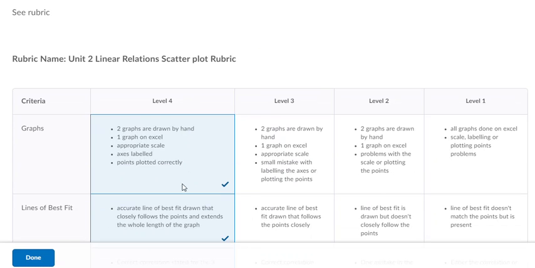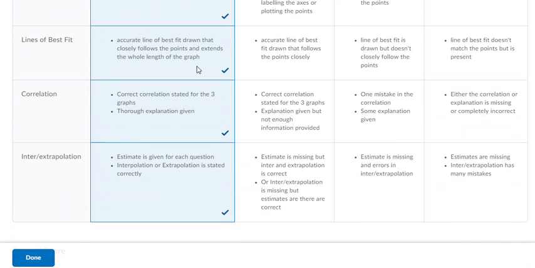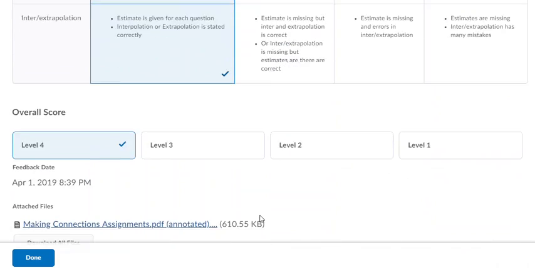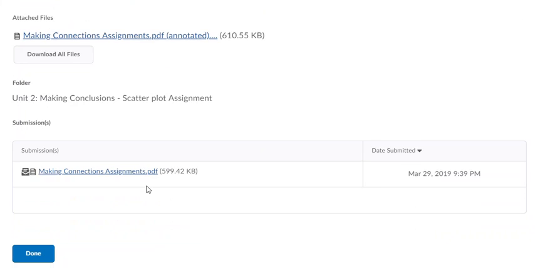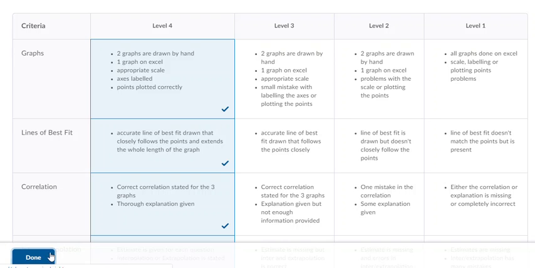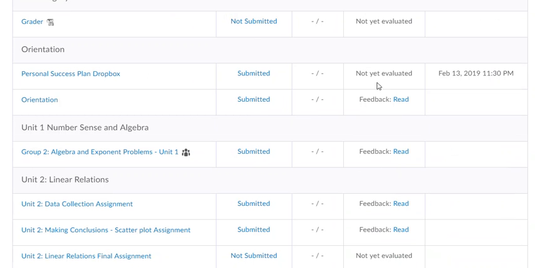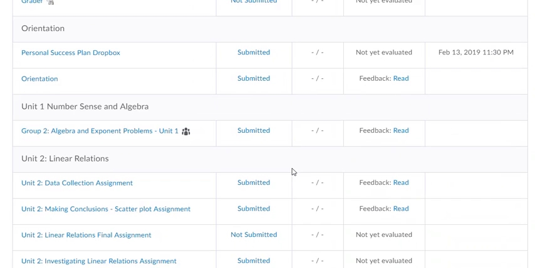In there, I did a rubric, so you can see what levels this person got, and if I attached any files, like if I wrote on yours or gave you corrections. So that's how you get to the feedback for Dropbox. You can just go here and click on the feedback part.